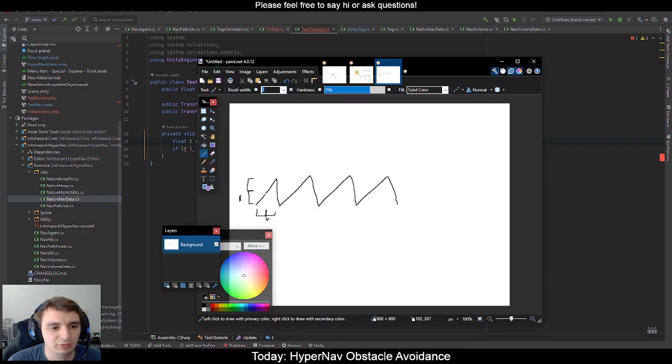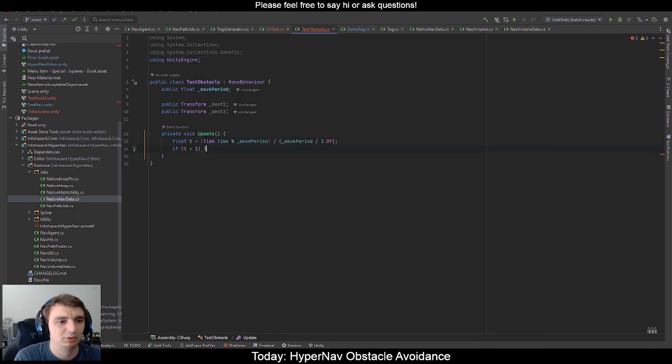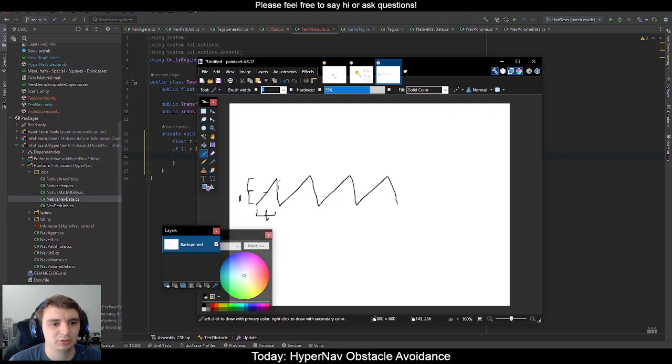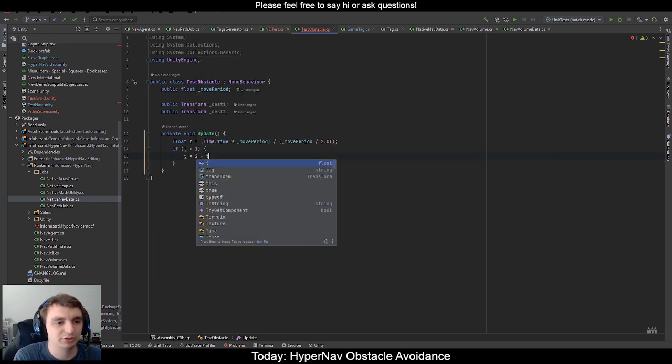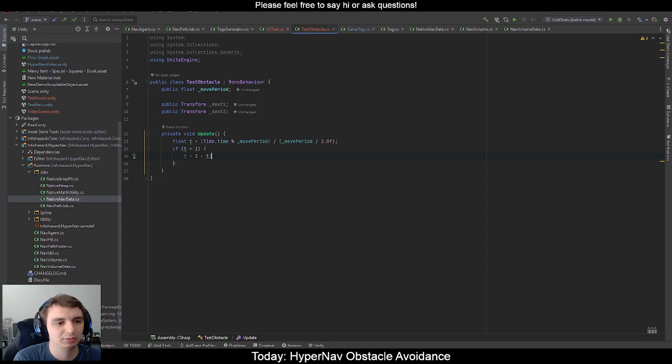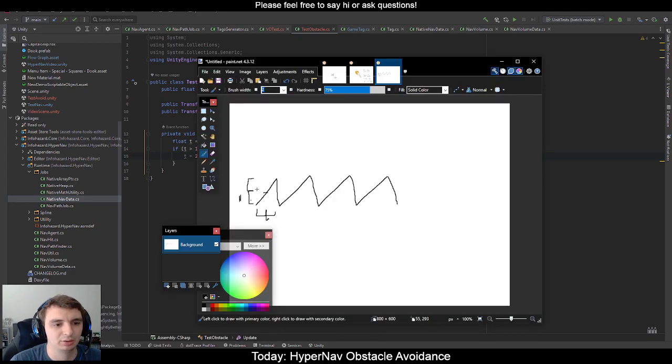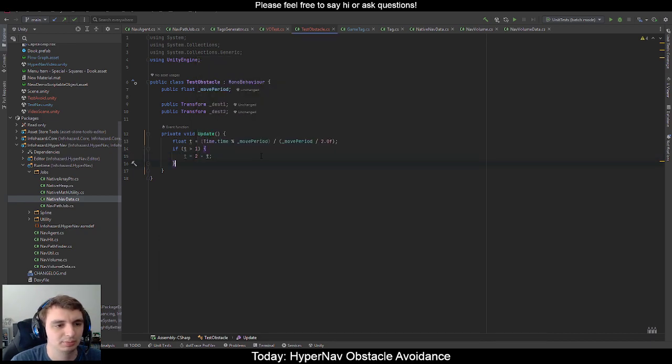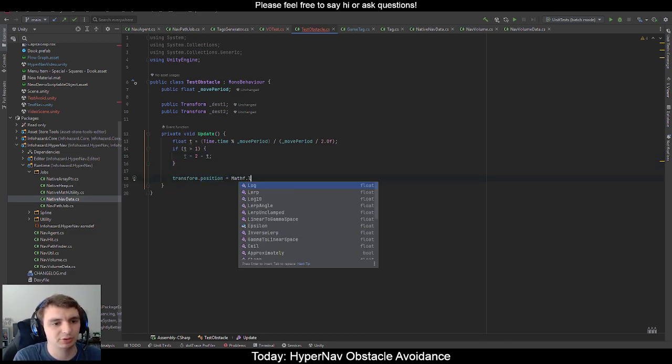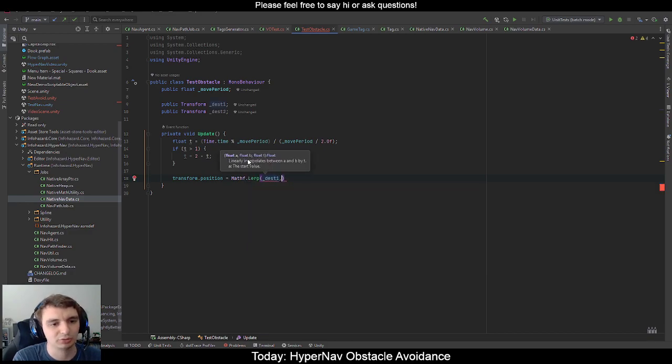And then if the resulting value is greater than 1, then I'm going to do 2 minus that value. T equals 2 minus t. Then I think that should give this pattern. Then we can just say transform.position equals Math.Lerp dest1 dest2 t. Oh, this is Vector3.Lerp.